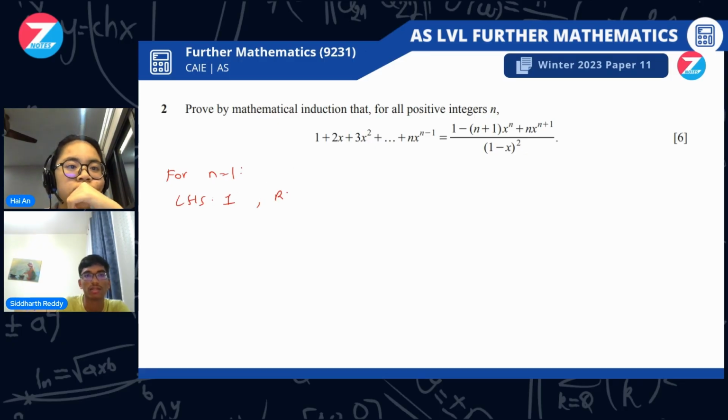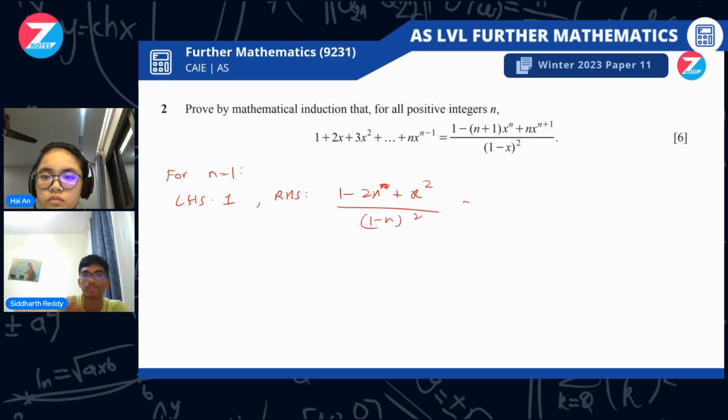On the right-hand side, we have 1 minus 2x plus 1x², divided by (1−x)². The top can be factored as (1−x)², so divided by (1−x)², we get just 1.